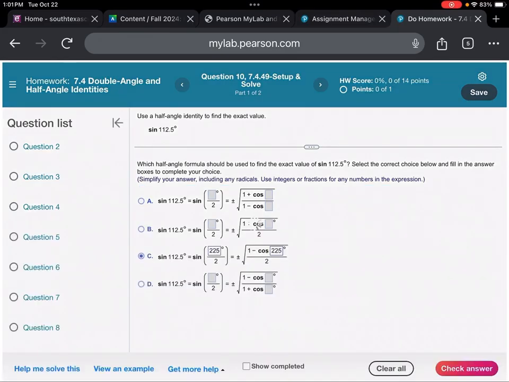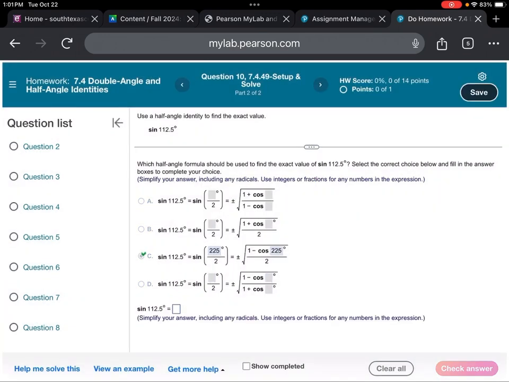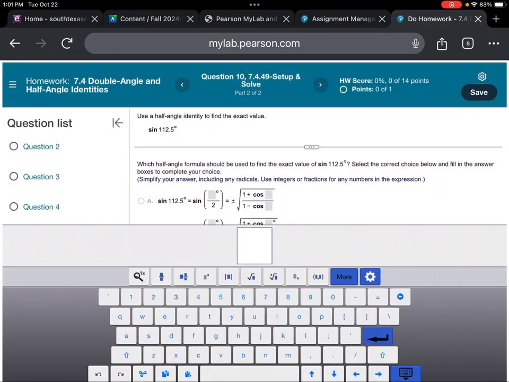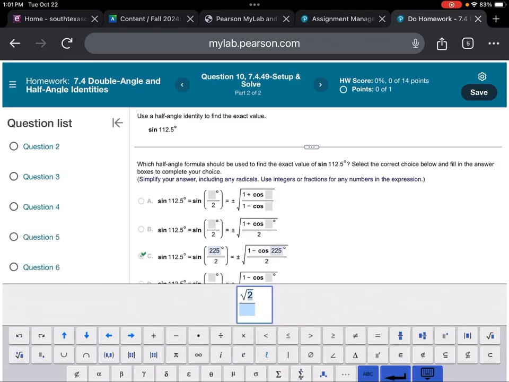Okay, let's check that, okay. And then what did we get for our answer? We got a fraction, where the top part was 2 plus the square root of 2. Let's see if I can find my plus. More. My plus is right there.